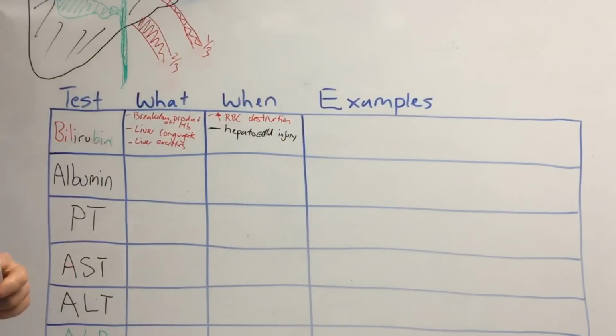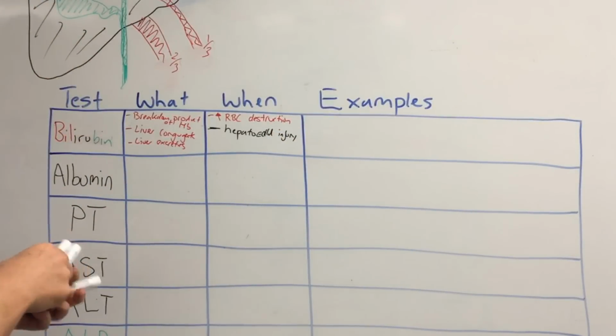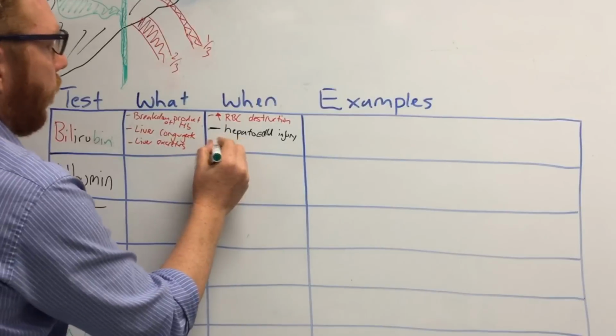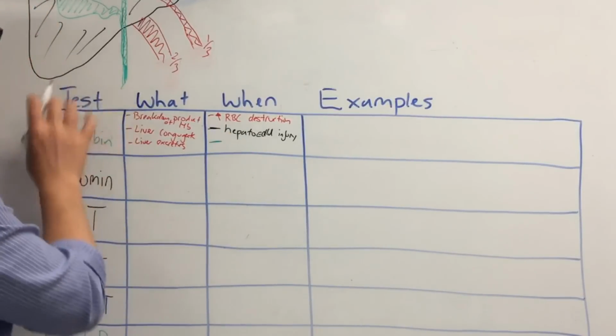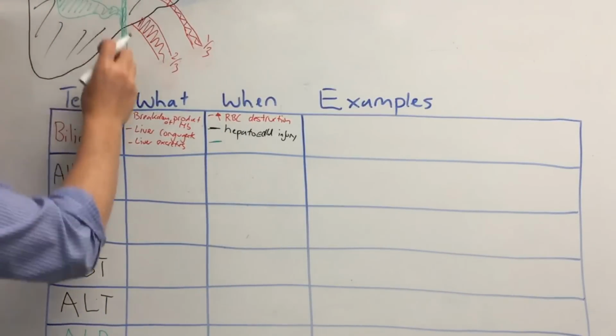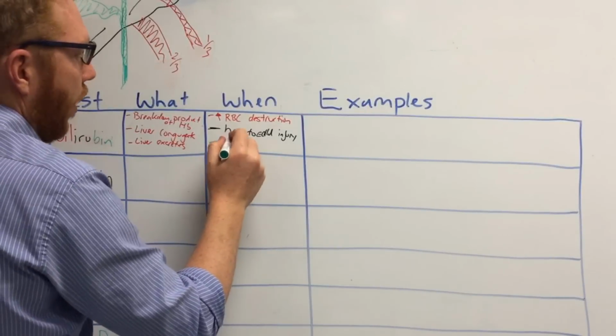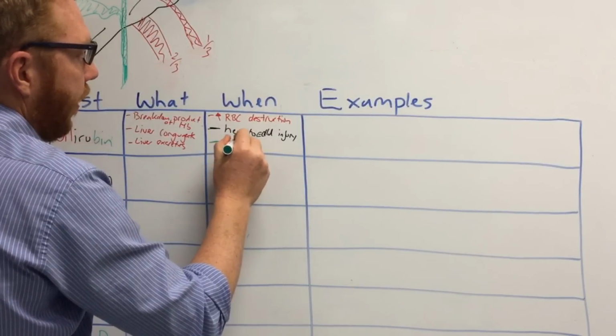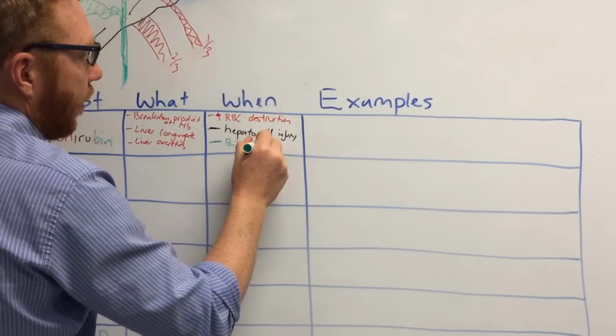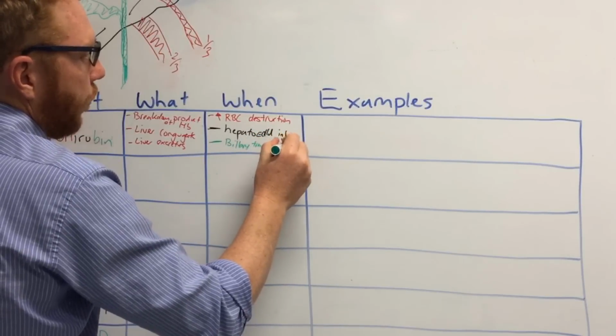An example of that would be cirrhosis. And then finally, the other cause of some bilirubin issues would be an obstruction in the ductal system, so a biliary tract obstruction.